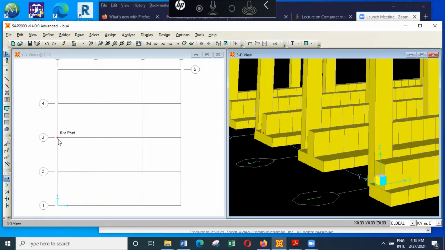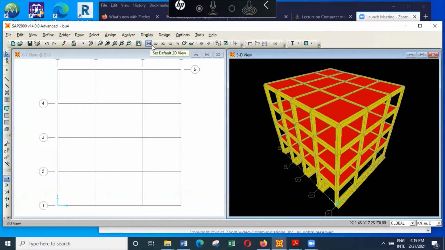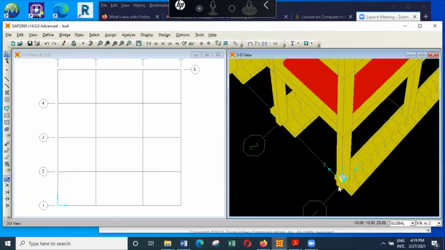This is 4, 8, 12. This is x is equal to, see, the column is... now it looks right.